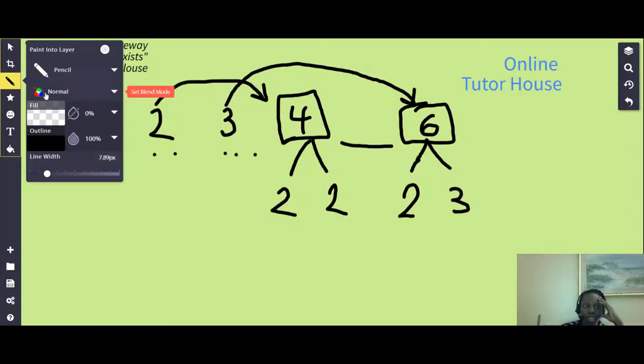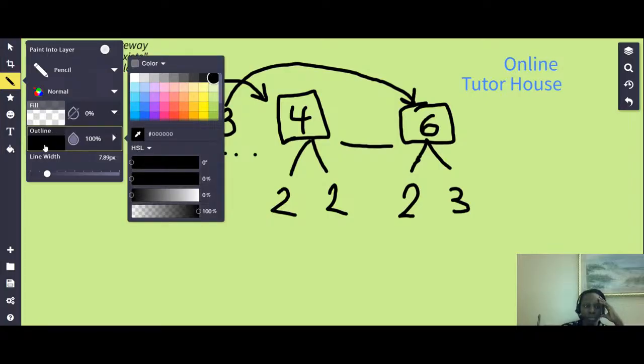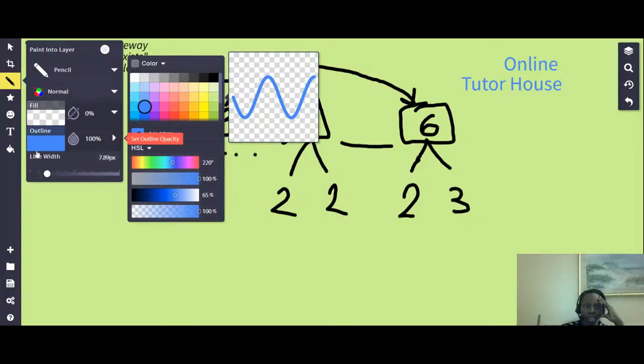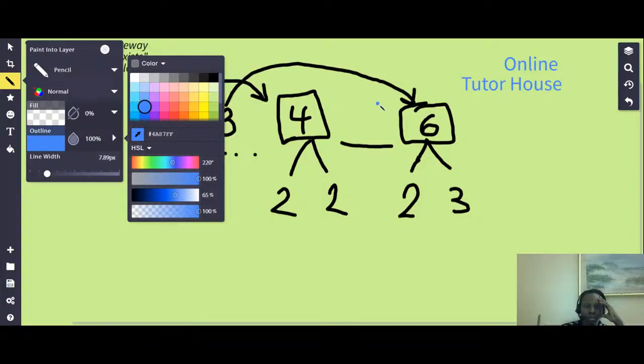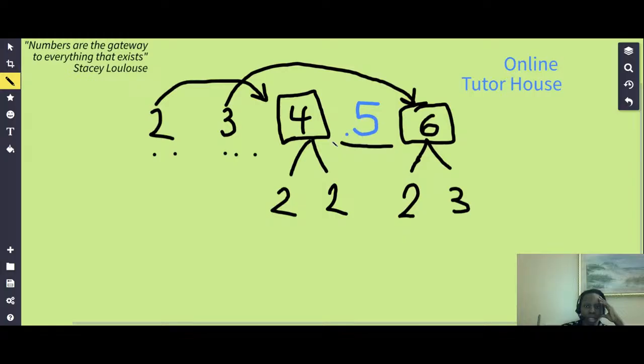But for some reason, 5 is discovered to be the next prime. Okay.